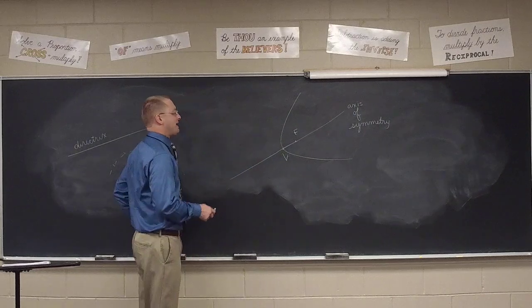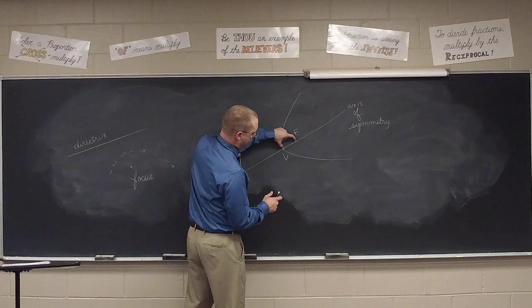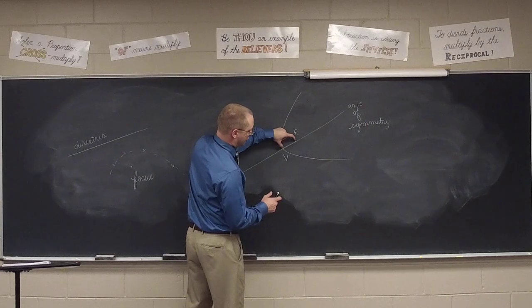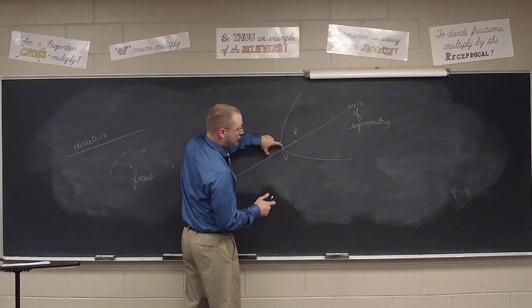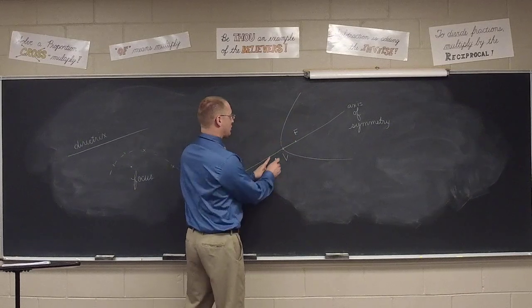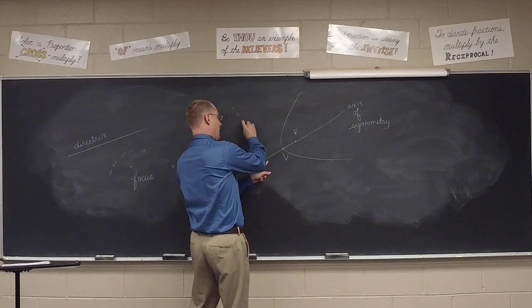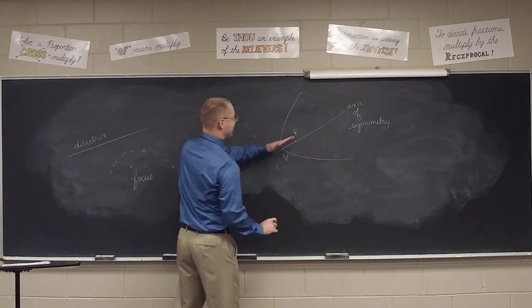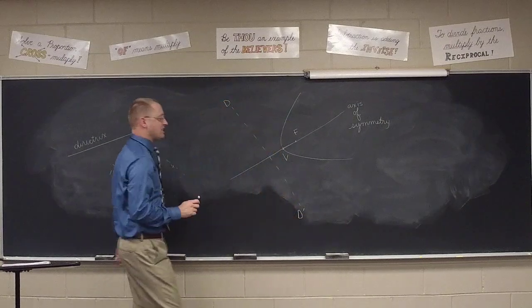Okay? Now, obviously, if we were to measure the distance to the focus, that same distance from focus to vertex would have to be the distance from vertex to directrix. And so the directrix is always going to be this same length outside, and it'll always be perpendicular to the axis of symmetry. We'll label this directrix DD prime.